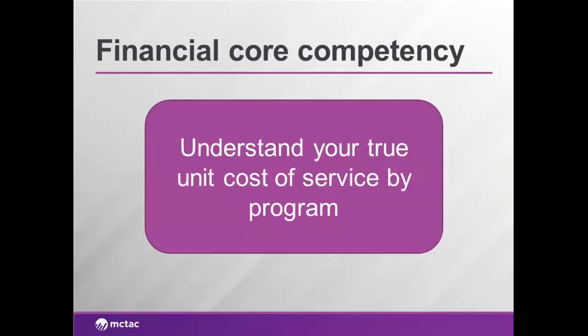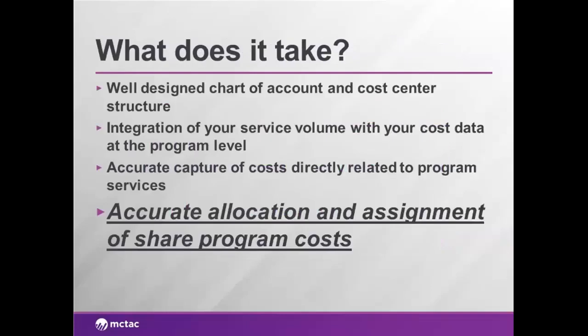And when I talk about true cost, true costs are made up of a number of different components. You have costs that you may be able to identify that are program specific. That is, one staff works in this program, and you're able to capture that cost and assign it to the program.